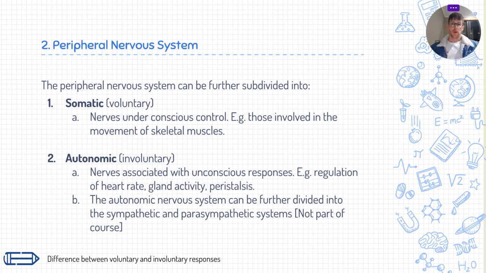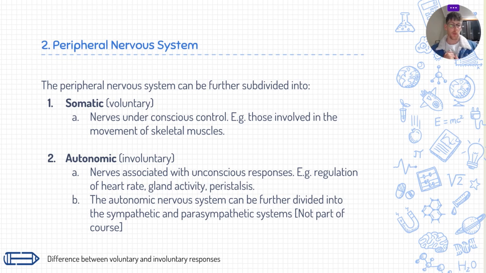When we get into the peripheral nervous system though, this is the nervous system responsible for both voluntary and involuntary responses. When I talk about voluntary transmission of information, that's things that are consciously transmitted.